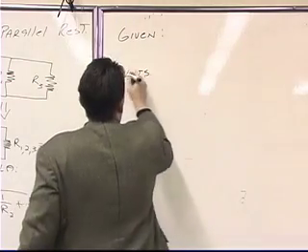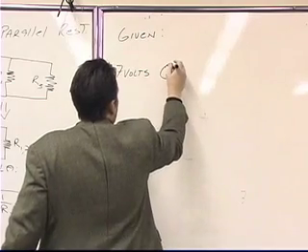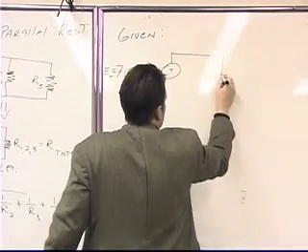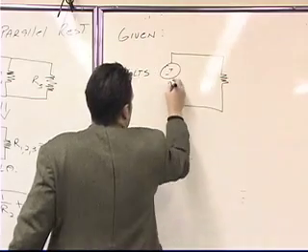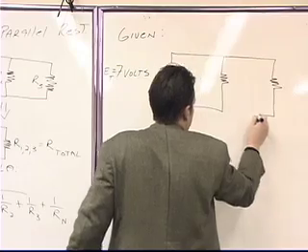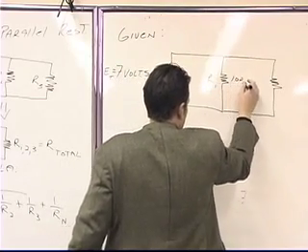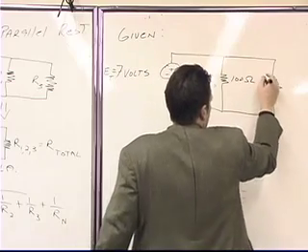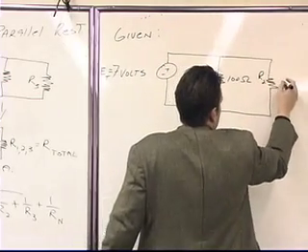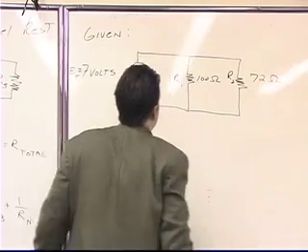This is hooked up to a parallel circuit. Start out with a simple one where R sub 1 is 100 ohms and R sub 2 is equal to 72 ohms. So that's what we're given.